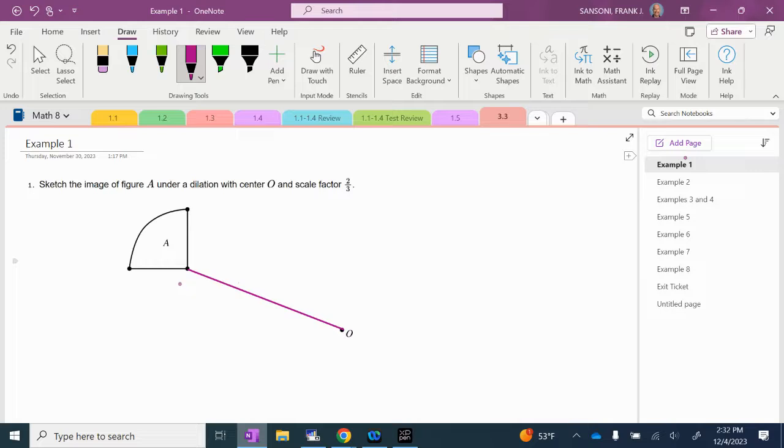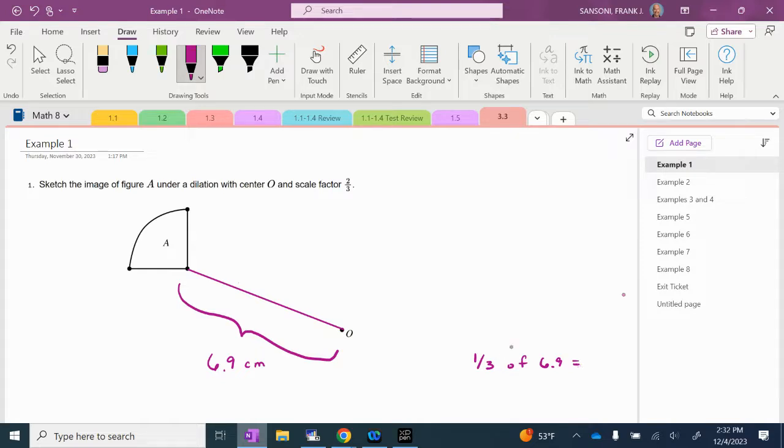7. Okay, so I'm going to do something that's very close to 7, but I want it to be divisible by 3. So I'm going to say this is 6.9 centimeters. And you'll understand in a second why I did that. So what is 1/3 of 6.9? What's 6.9 divided by 3? 2.3, that's correct.